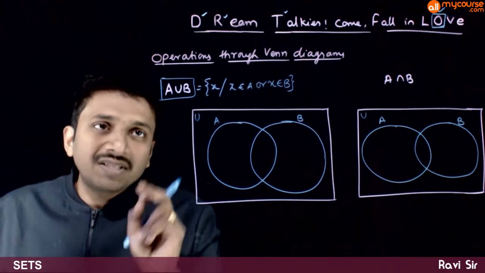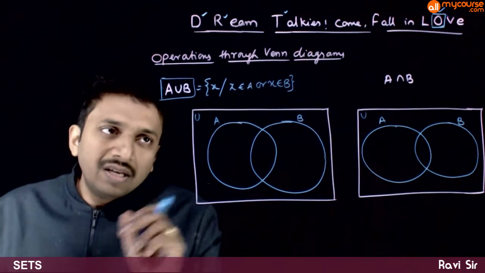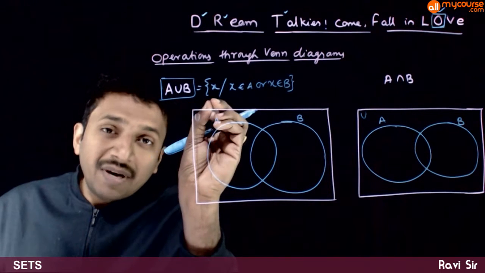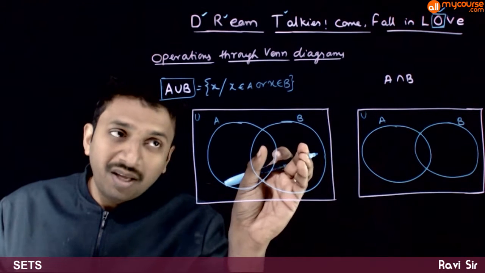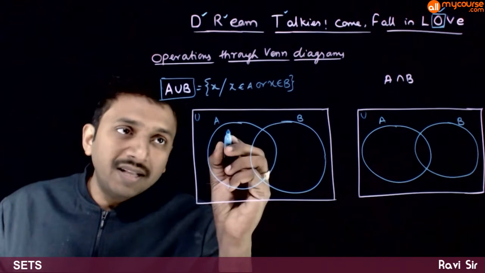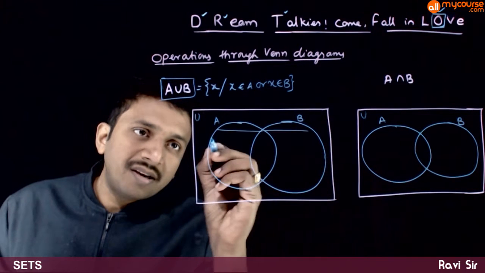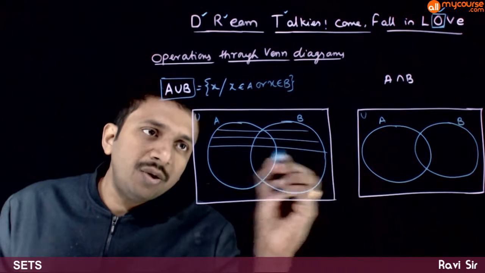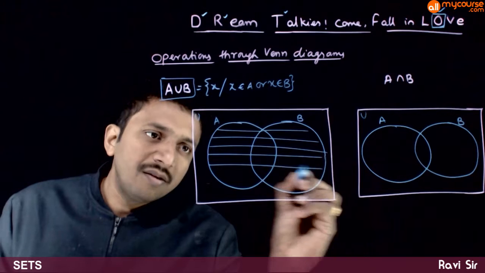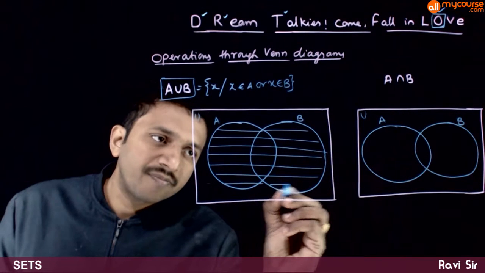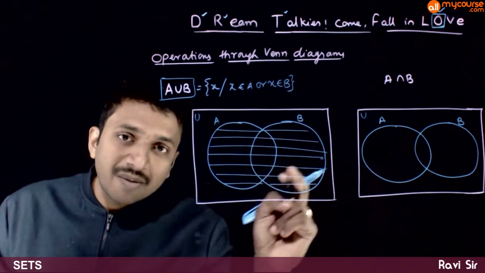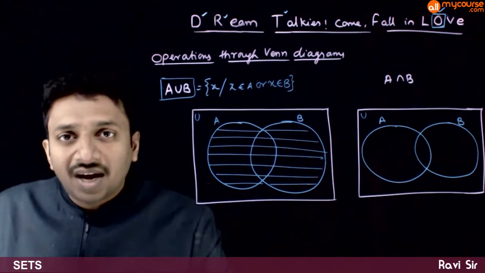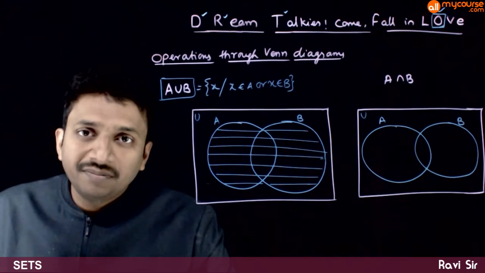If an element has to belong to A union B, it might be present in A or in B or in both. Hence, the region corresponding to A union B will be this. Whatever elements are present in this complete region come under A union B.